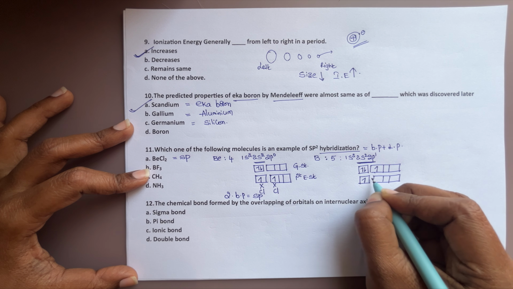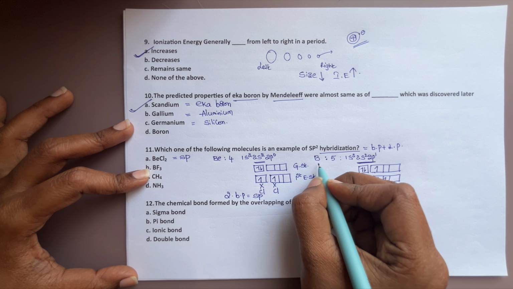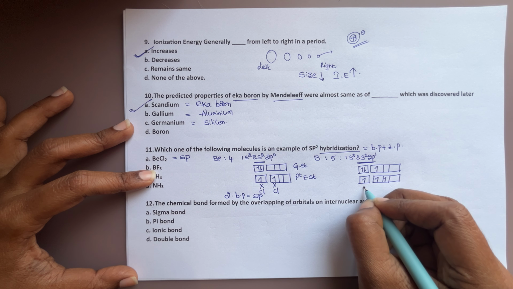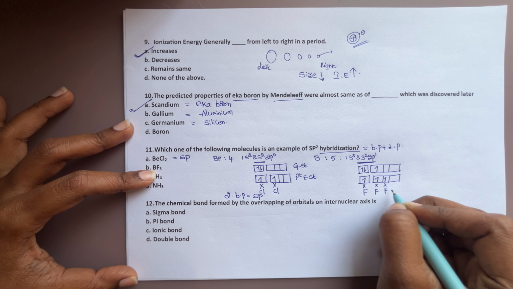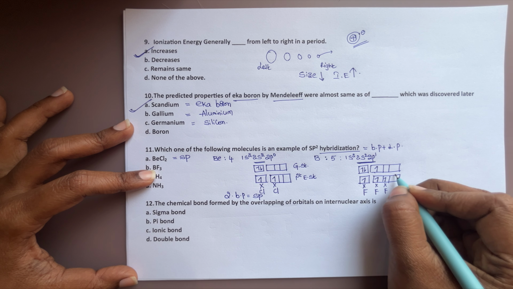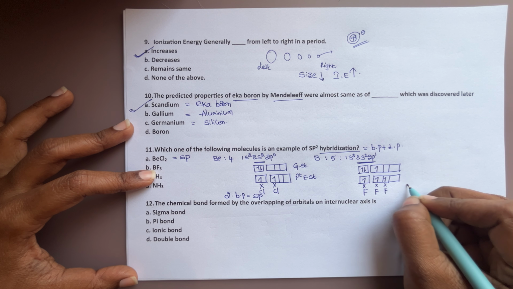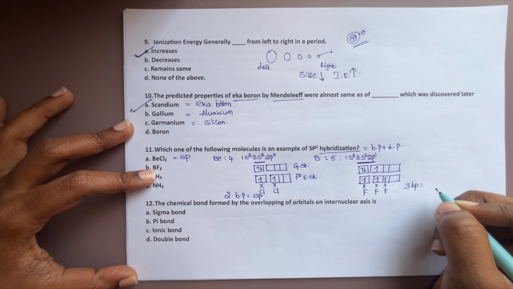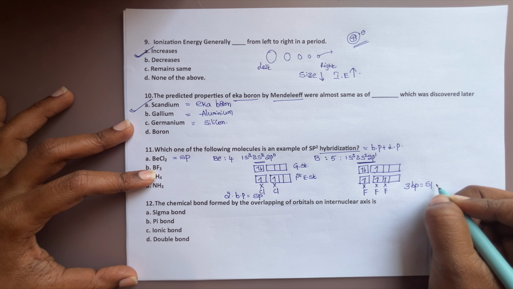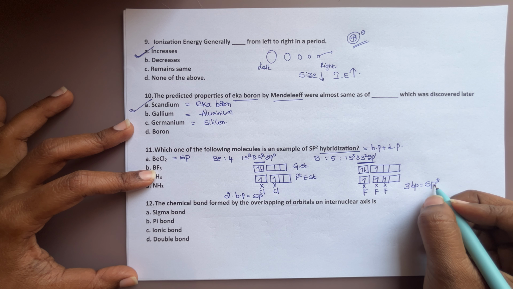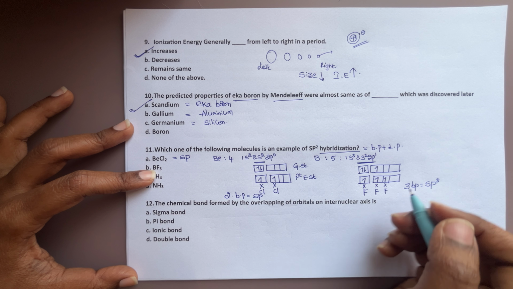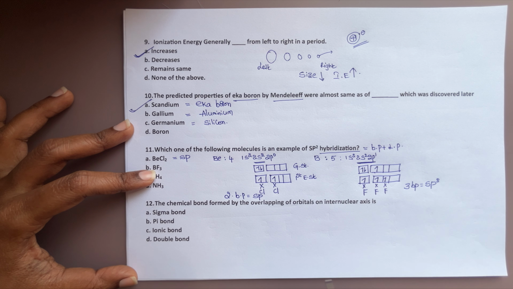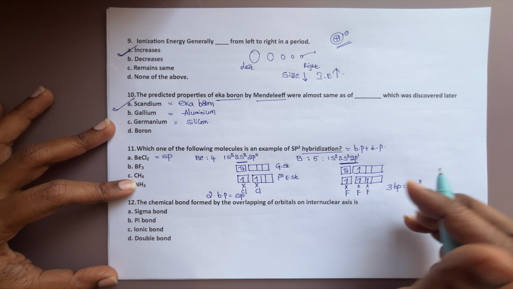One electron jumps. But boron with 3 fluorines forms the bonds. Here also a vacant orbital is there. How many bond pairs are there? 3 bond pairs means sp2. 2 p orbitals, 1 s orbital, totally 3. 3 bond pairs is nothing but sp2 hybridization. So this is BF3.